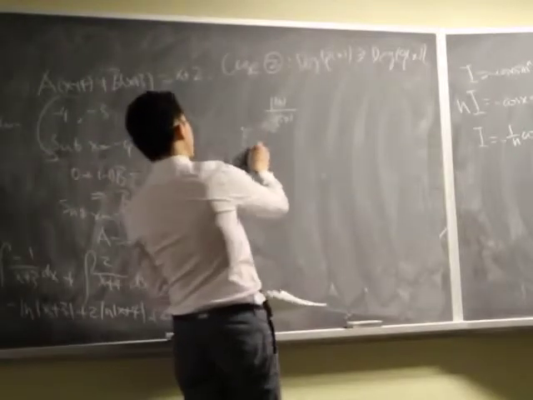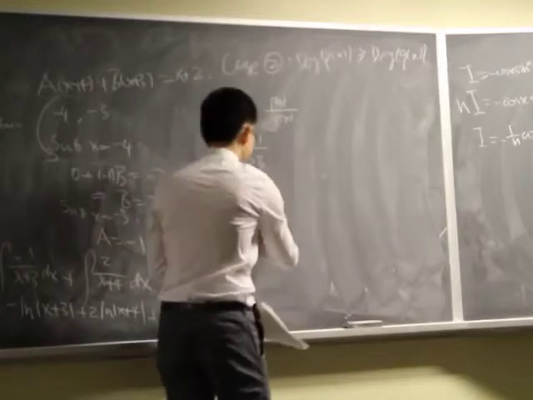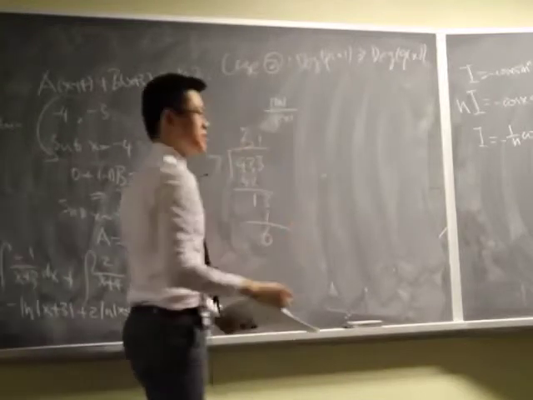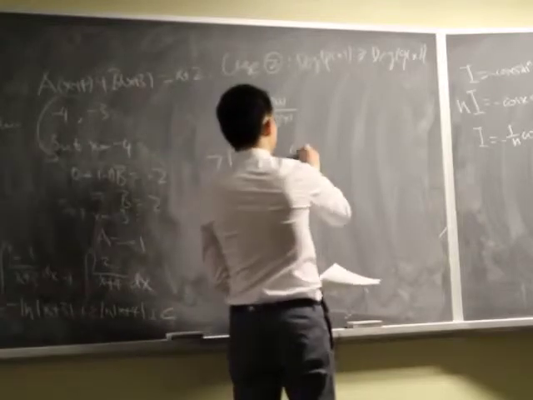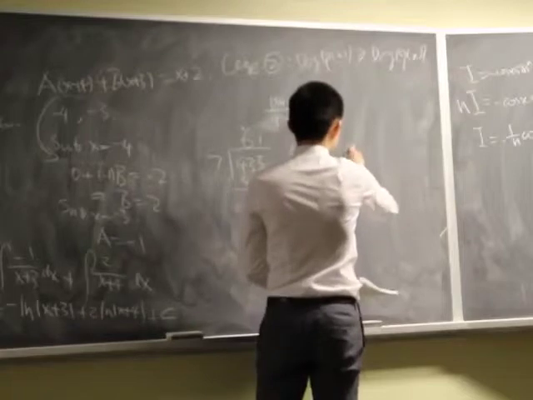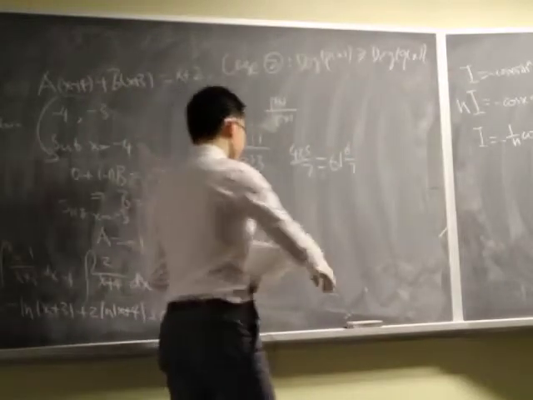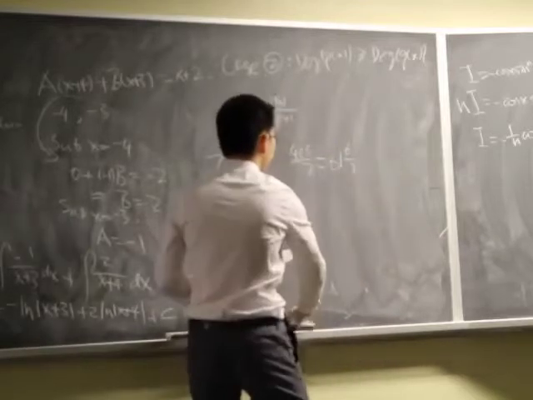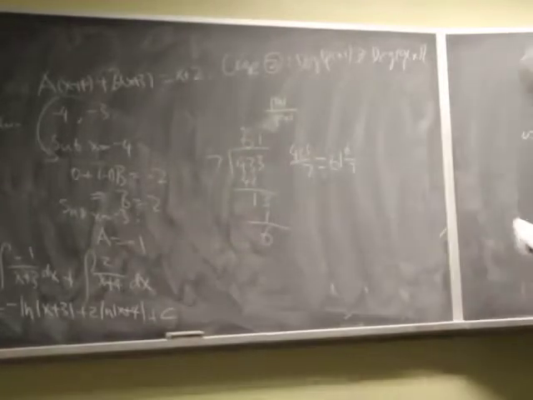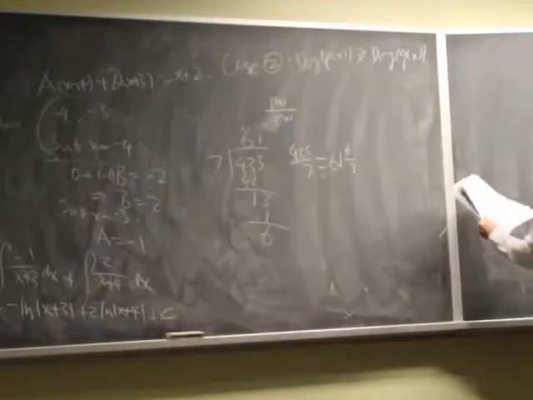We get 6 on here, we got 42, we got 53, plus 1, 7, 6. Now what does this mean? This means that 473 over 7 is equal to 67 and 4 over 7. All of a sudden, back into arithmetic. So keep that example in mind before we move on to polynomial division.